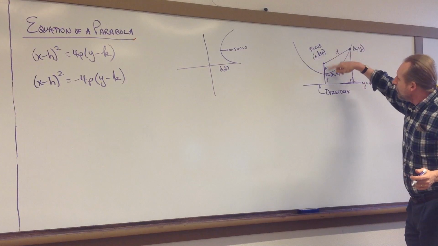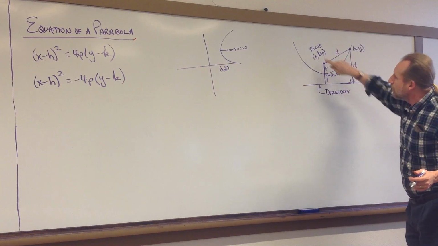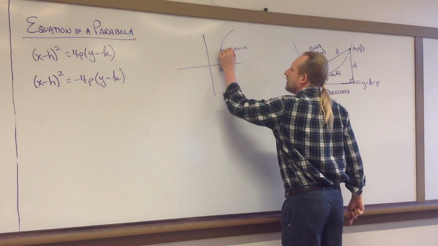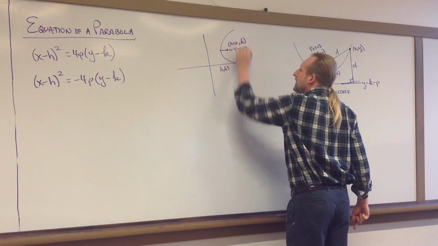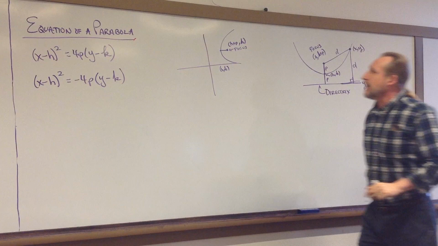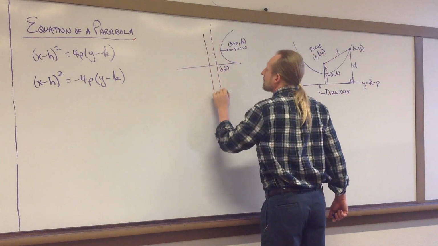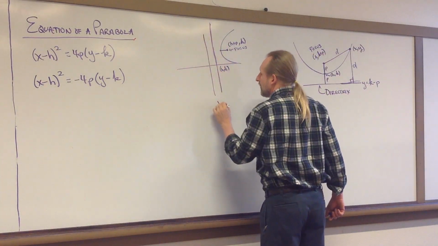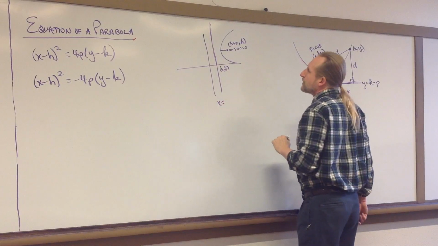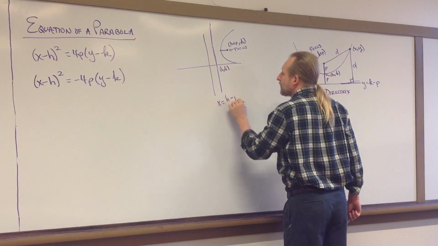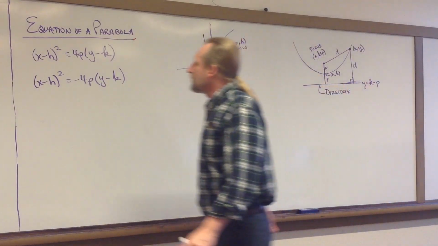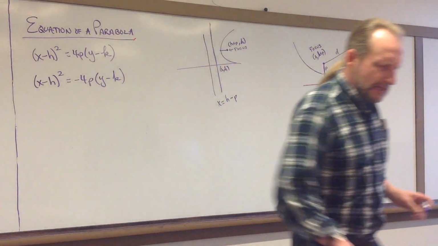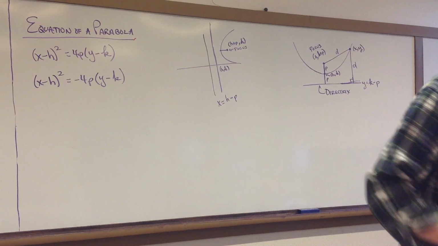See here, the focus changed the y coordinate, but on this one, the x coordinate is going to be h plus p, and the y coordinate is still going to be k. And the directrix is going to be a vertical line with the equation x equals h minus p. Okay? And that's going to make this equation, I'll do it the same that I did in the textbook.